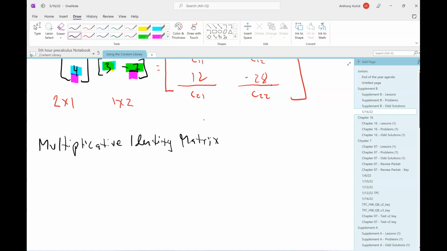What's that matrix going to look like for a multiplicative identity? Well, they have to be square, right? The multiplicative identity is going to be a square matrix. So I'm going to write n by n down there. So let's just do it simpler than that. So 1 by 1, sure, is that.